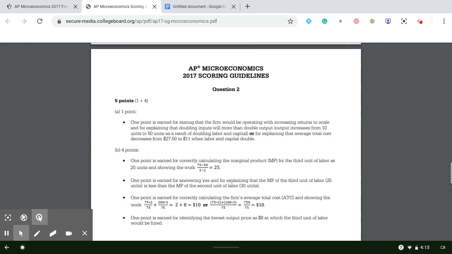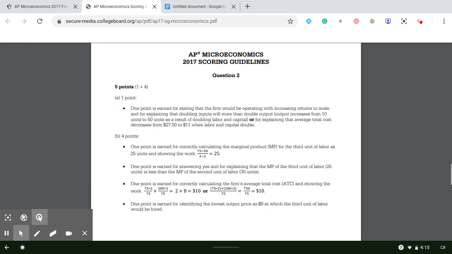We talked about this. One point is earned for saying that the firm will be operating with increasing returns to scale: doubled its inputs, so make sure you double both capital and labor to illustrate this.